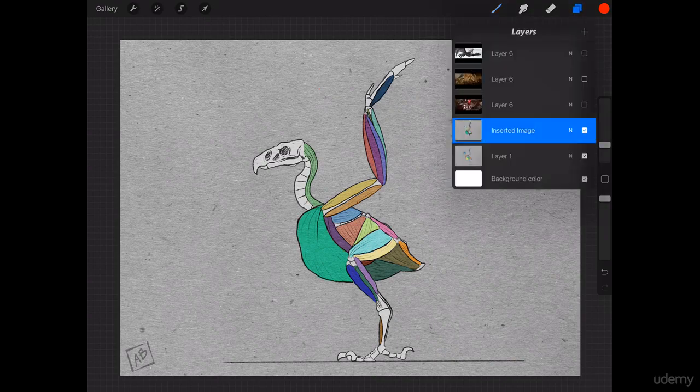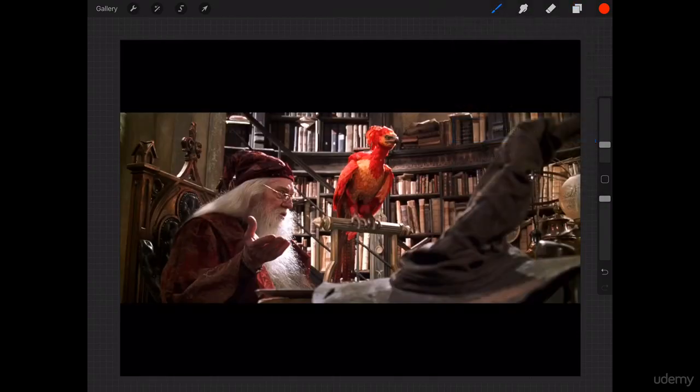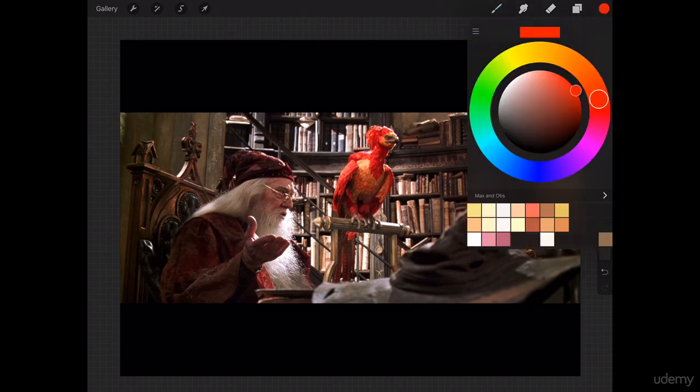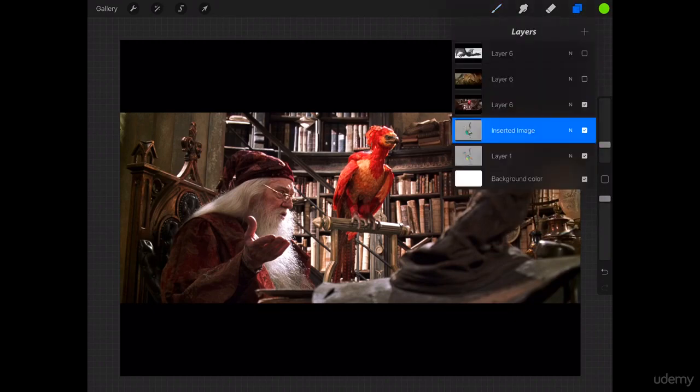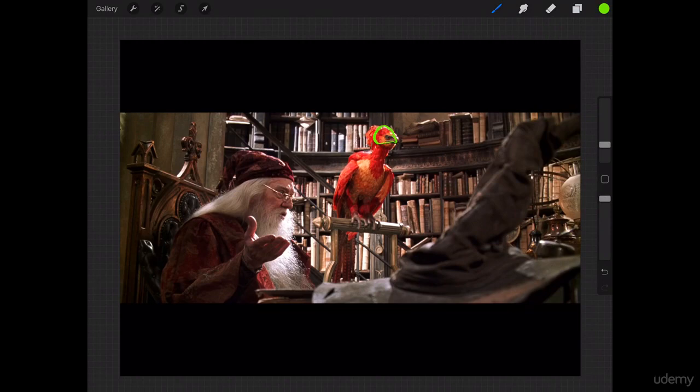So the first one here is Fawkes the Phoenix from Harry Potter. As you can see, he's basically just a bird. He follows a really simple bird anatomy. We can see here, let's get a different color so we can see it. We have the head. The neck should probably come more out like this.